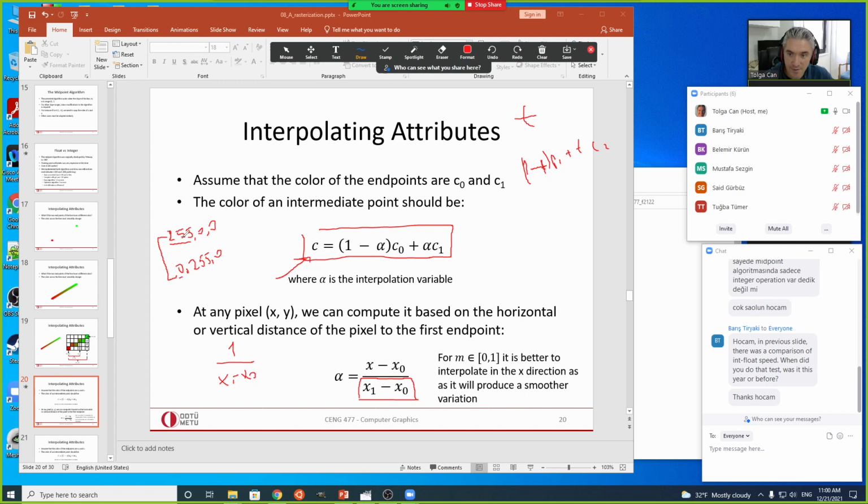Whatever the difference is, 255 was the difference in the red channel, from 255 minus 0, it's going to drop down to 0, so 0 minus 255, because it's a drop. We are going to decrement the color value, so it's going to be negative. 255 divided by x1 minus x0 will be your unit increment at 1 pixel.